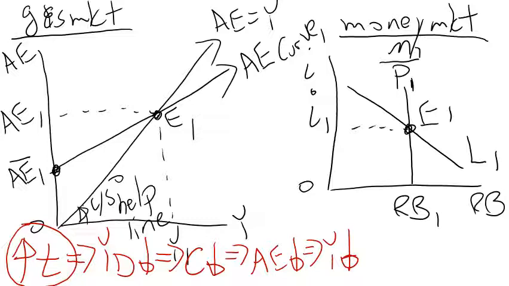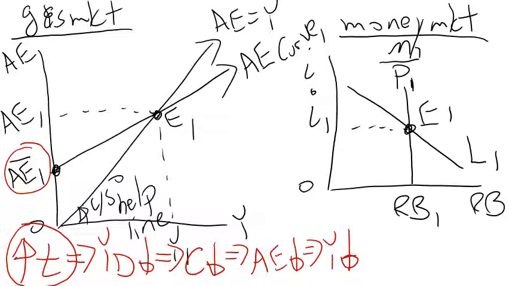It would be a non-parallel shift because autonomous aggregate expenditures would not change. T, you remember, is part of the denominator. So whenever MPC or T or MPI changes, that will affect the slope of the aggregate expenditure curve. T increases, so the slope will change.